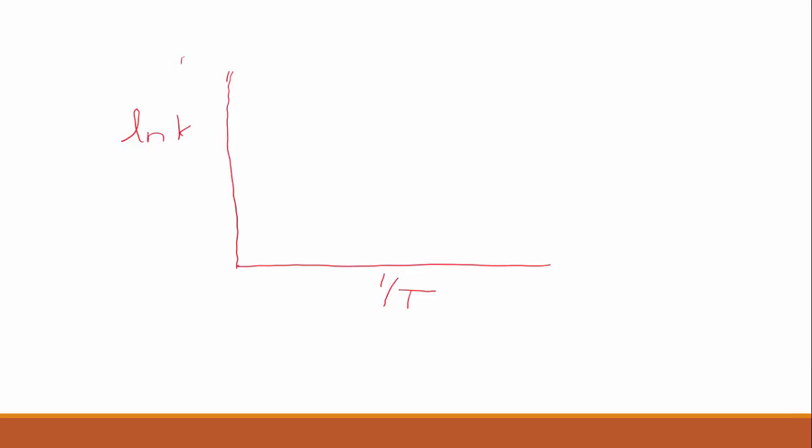Which way is the line going to slope? Is it going in this direction, or do you expect it to go in this direction? And you have that plot.